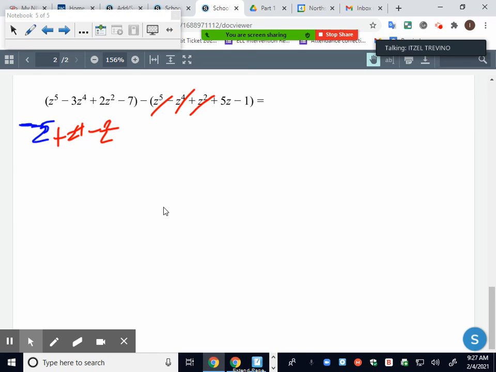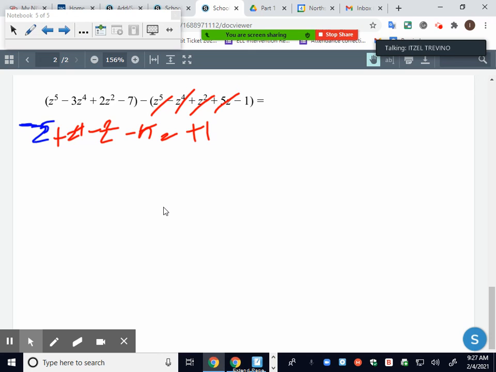Okay. And then we have minus 5z plus 1. Okay. I know it looks a little messy. I'm sorry. The board's acting up. So we'll just go with it.